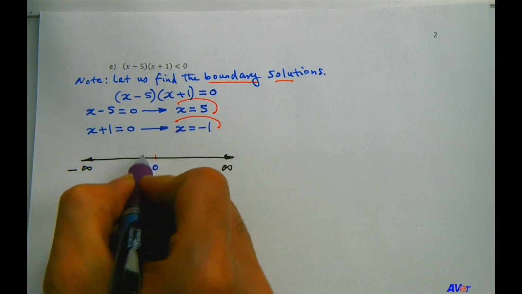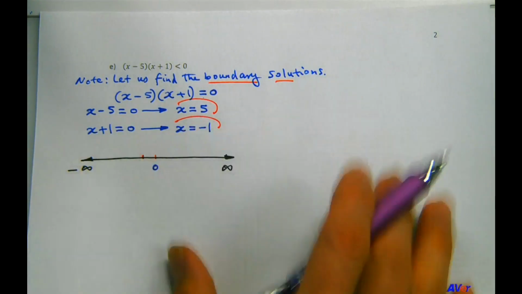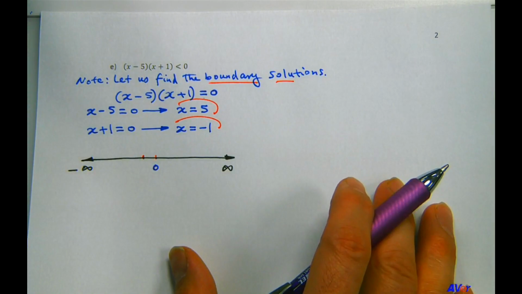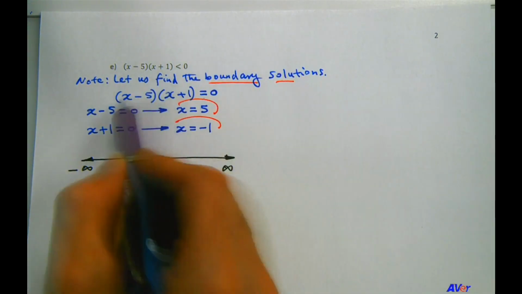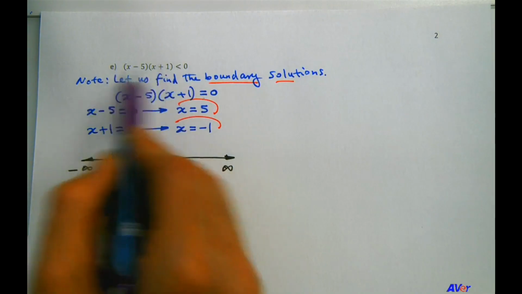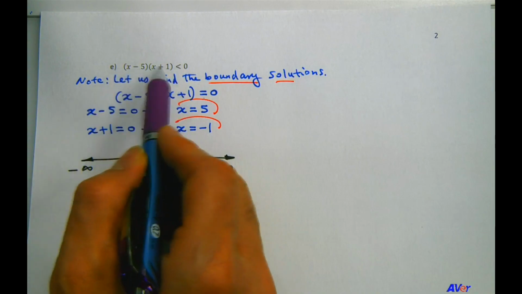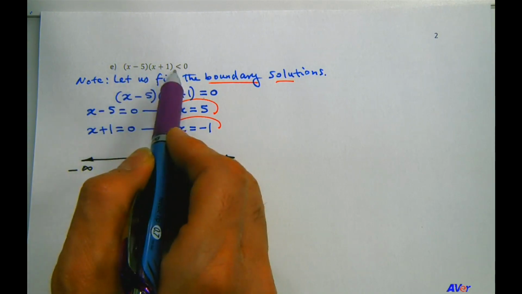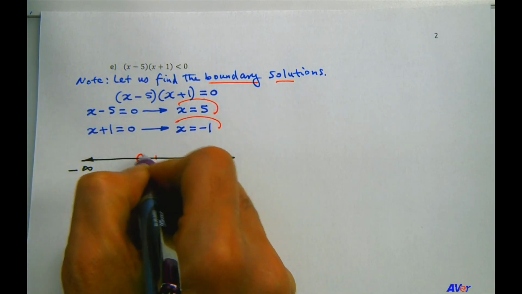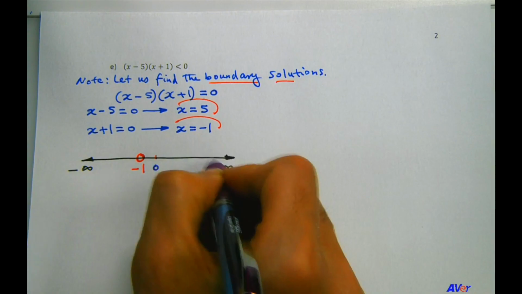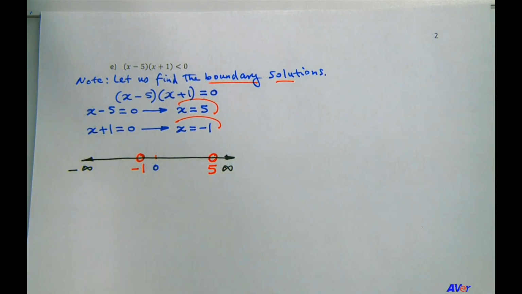We know -1 and 5 cannot be part of the solution, because these two numbers would make this expression equal to 0, and we are specifically asked to find anything that would make the left side less than 0, not equal to 0, not greater than 0, less than 0. So I'm going to put a hollow circle here. This is -1. And suppose this hollow circle here is +5.